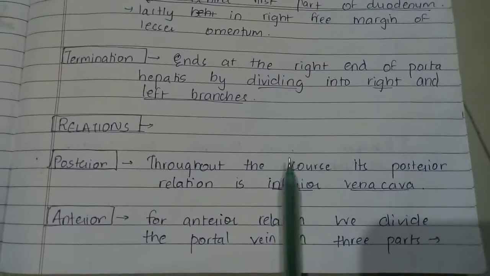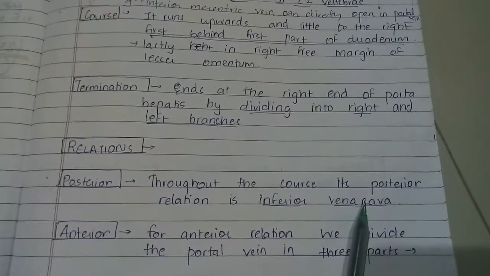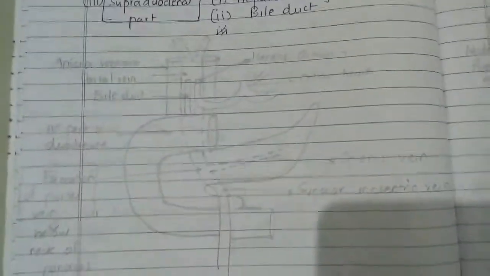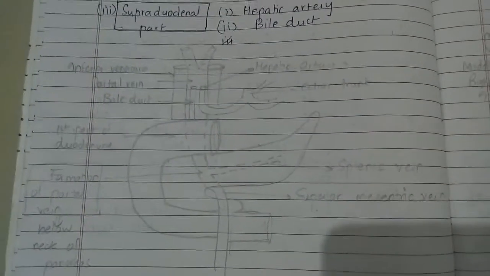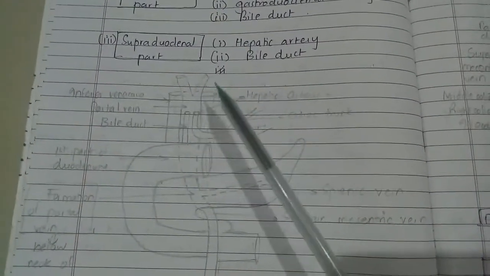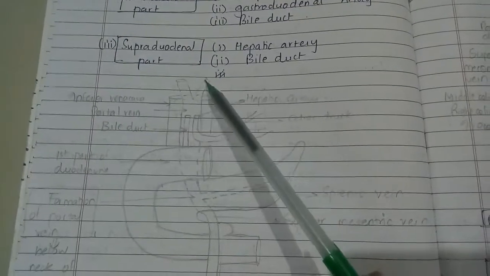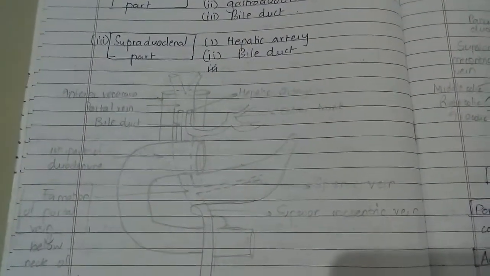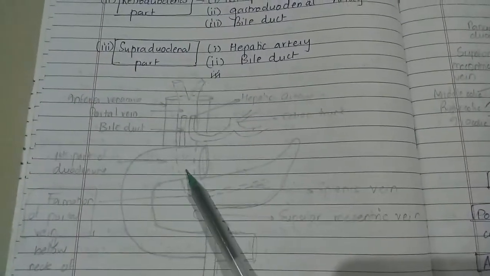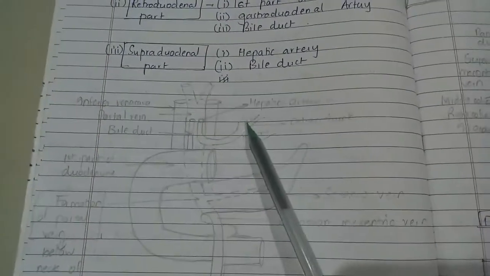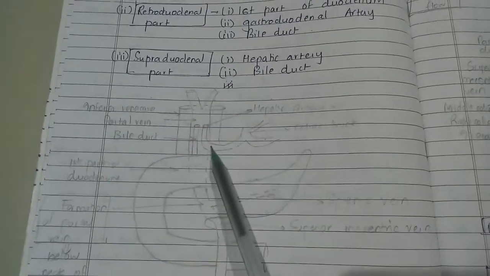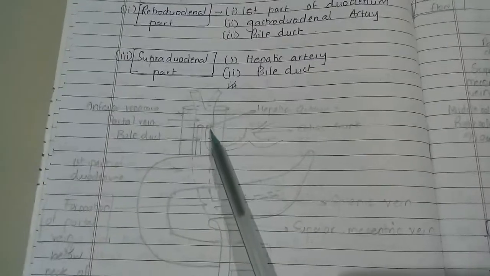Posterior, throughout the course its posterior relation is inferior vena cava. You can see here, this is the diagram I've shown. Now this is a very nice diagram to depict all its relations. See, this is the portal vein. The anterior relation would be the neck of pancreas, first part of duodenum, the hepatic artery coming from the celiac trunk, common hepatic artery, then a branch would be given off, the hepatic artery.